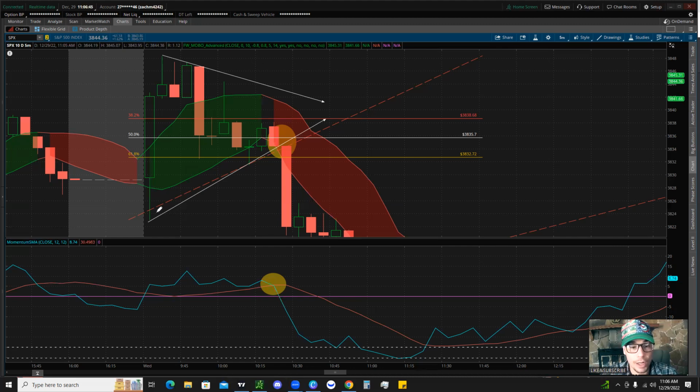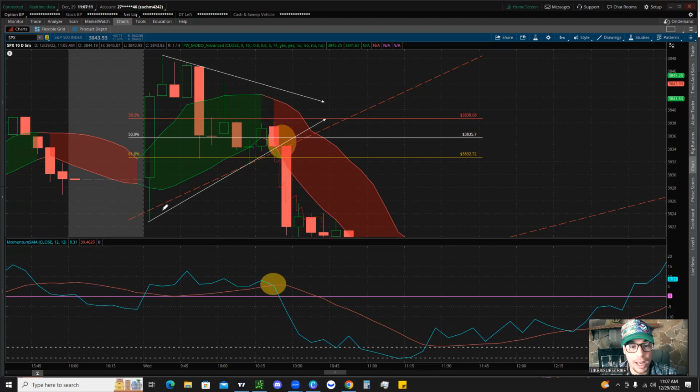Now at the same time, we also have this trend line here from this low, and then this low. We actually broke through this trend line right here. So we had about three things giving us an edge to go ahead and take this trade. The first being that the clouds are red and we're trading below the clouds. Okay, as you can see, when we're trading above the green clouds, it's bullish and it goes higher. When you're trading below the red clouds, it's bearish and it goes lower.